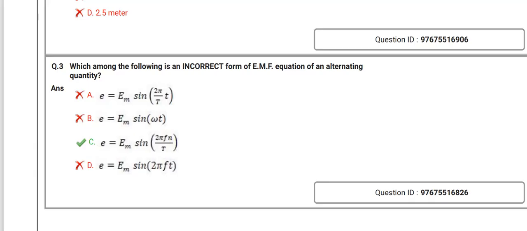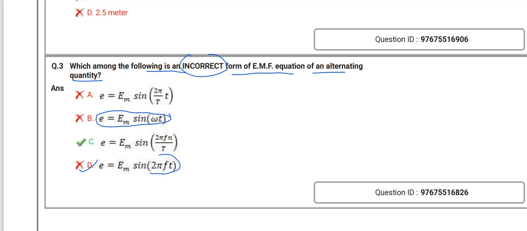The next question is: which among the following is the incorrect form of EMF equation of an alternating quantity? Okay, so here E equals Em sin omega t, we know that. Incorrect option they are asking. So omega we know is 2 pi f, so this option is also right.